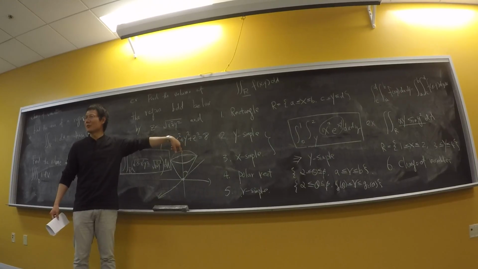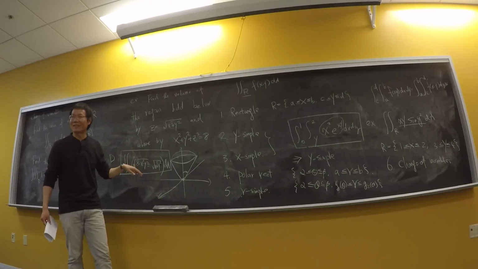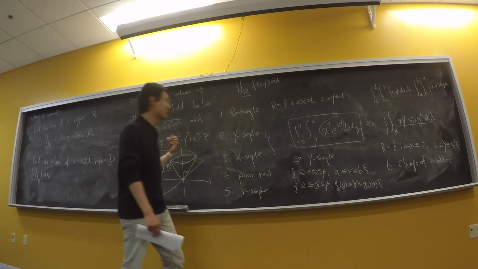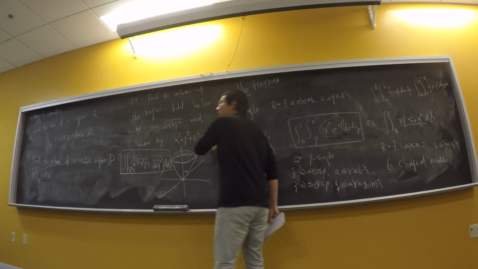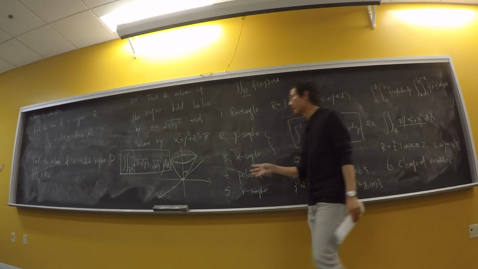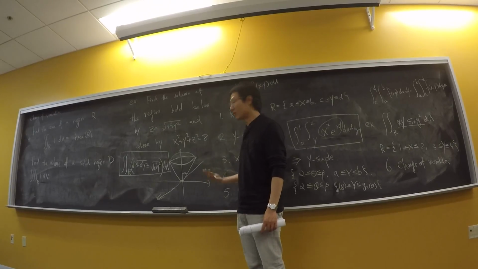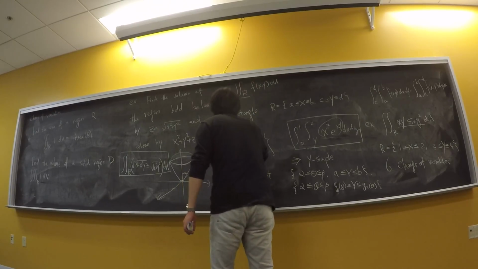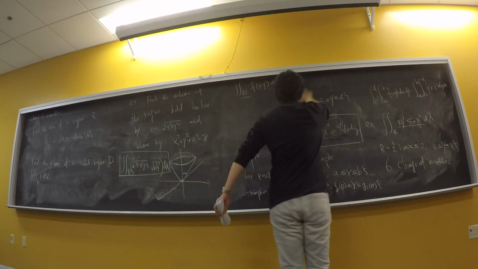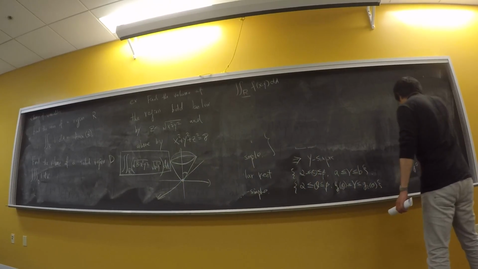We did spend quite some effort on this problem, exactly the same problem. I didn't even change the numbers. Maybe I changed the numbers into simpler ones. So this is a very important application of double integral and triple integral. If you don't completely understand what I'm saying, go back and review the lecture notes we have.